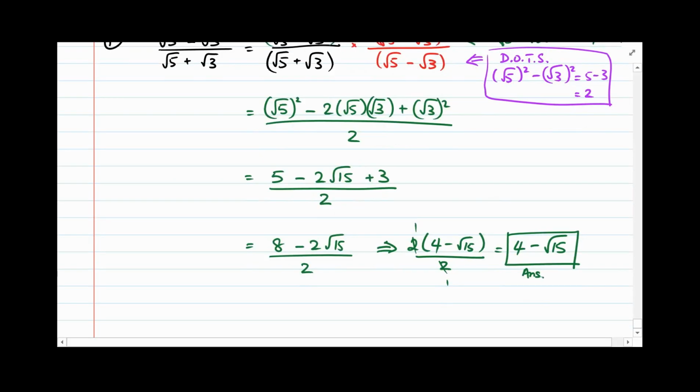All right, last question on this. And let's do, say, 3 minus 2 root 2 over root 2 plus root 3.